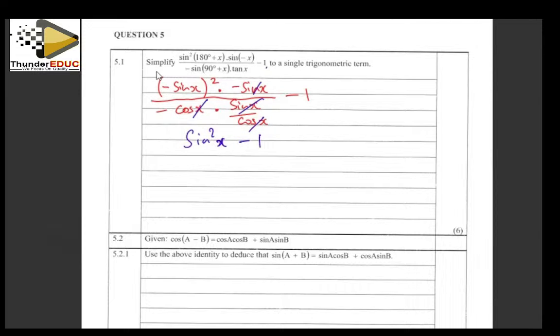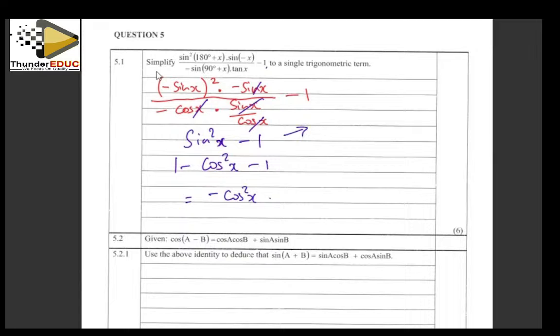Then which trig ratio is this? I know that sine squared x can be written as 1 minus cos squared x, minus 1. This cancels that, and we get an answer of negative cos squared x.